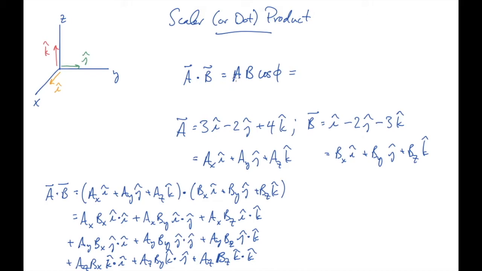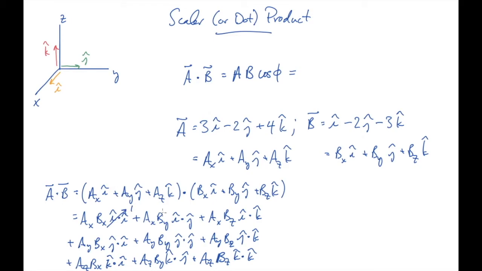The first vector is i hat. It has a length of 1, so we have 1. The second vector is i hat, length of 1, and the angle between the x-axis, where i hat points, and the x-axis, where i hat points, is 0. Cosine of 0 is 1. So this whole thing here, i hat dot i hat, equals 1.